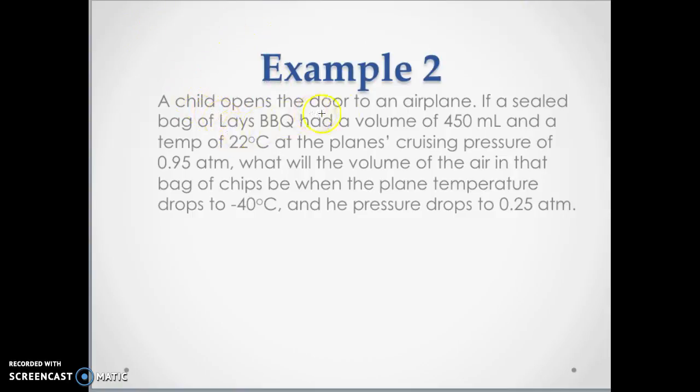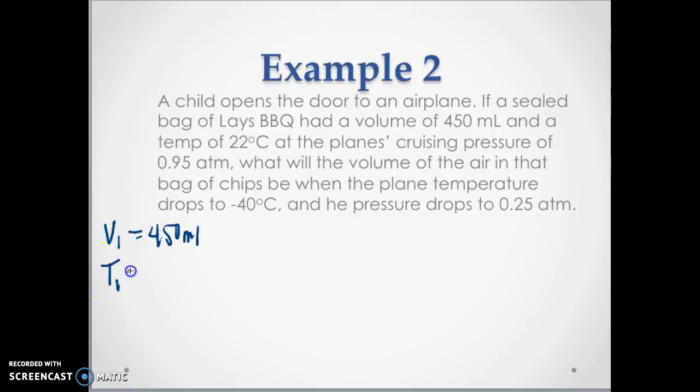Example 2 says a child opens the door to an airplane. If a sealed bag of Lay's had a volume of 450, so I'm going to write that down, V1 is equal to 450 and the temperature of 22.